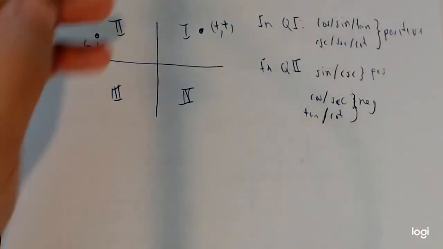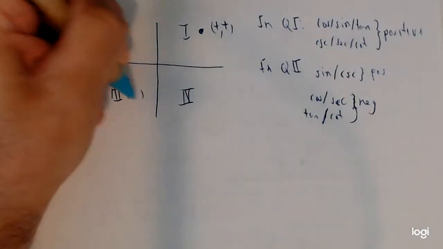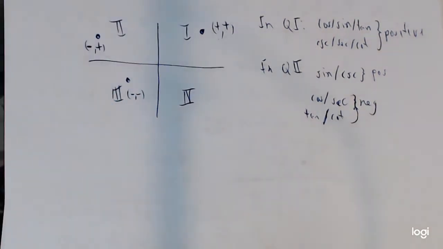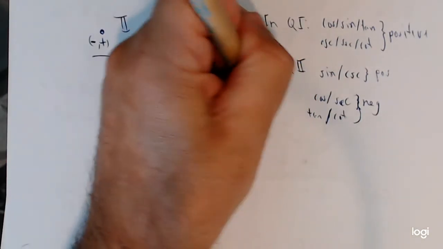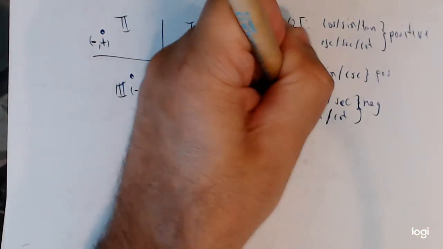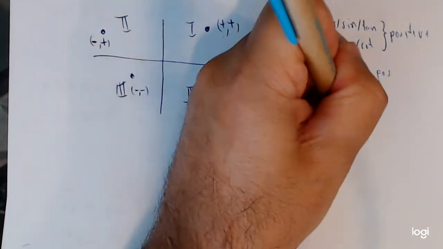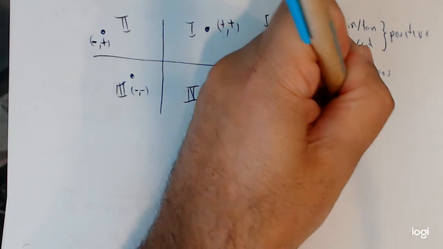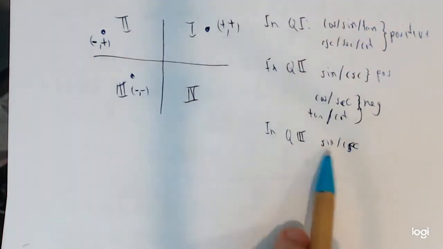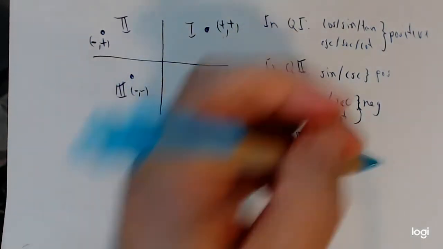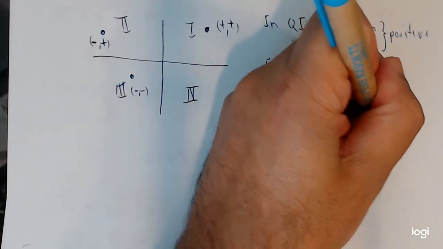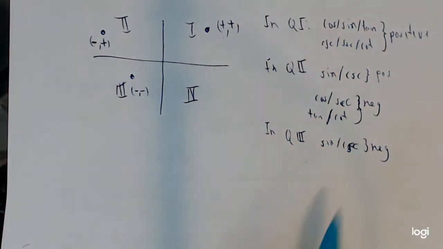Okay? How about quadrant 3? X is negative, y is negative. So let's see what happens here. In quadrant 3, let's think about sine and cosecant. Sine is y over r, so y is negative, r is positive, so negative divided by positive, it's negative. And so is its reciprocal, cosecant.